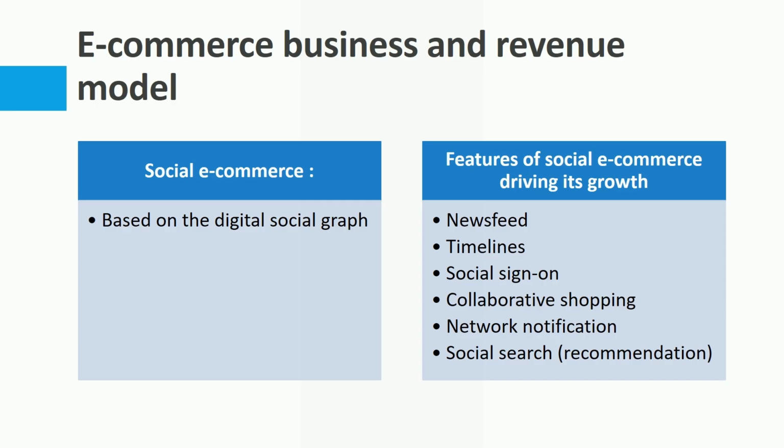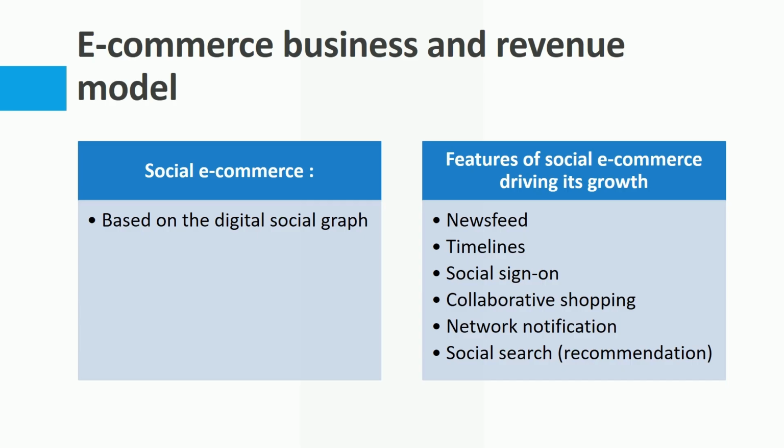And social e-commerce is also growing fast because of its key features. The newsfeed and timeline keep users updated on what's happening. Social sign-on makes logging in easy by using your social media account.